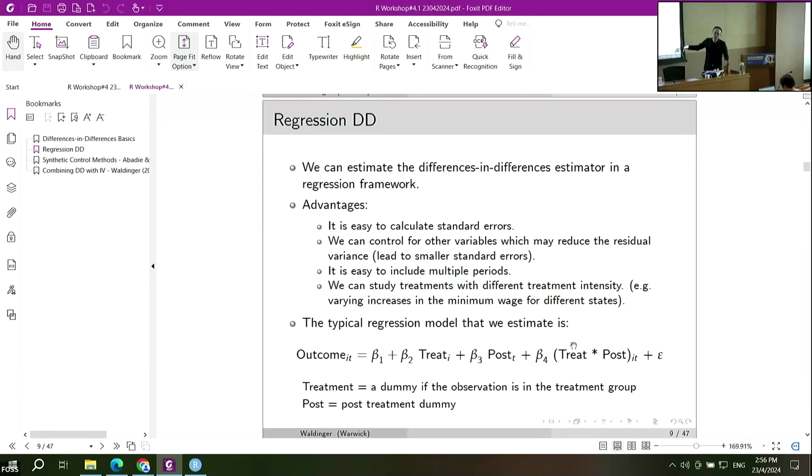Multiple states, multiple periods, that's also considered okay. The example we have here shows 2 states and 2 time periods for simplification, but you can do more than this. Sometimes you call it something different, but the nature is still difference in difference.